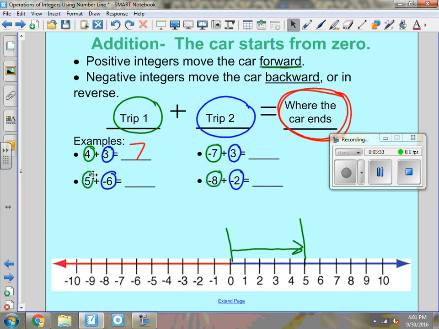Now when I'm ready for my second trip, I'm going to be moving negative 6 units, so I'm going to move my car backwards 6 spaces. So I'm going to actually go back right past where I was going, but I have another unit to go, and I'm going to stop at that negative 1. And I don't have any more integers to add, so that negative 1 is actually my final answer.